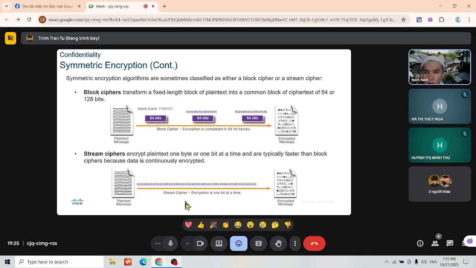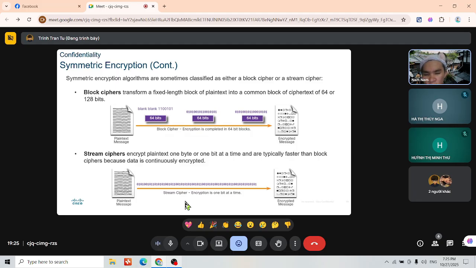Symmetric algorithms are sometimes classified as either block ciphers or stream ciphers. About the block cipher, it transforms a fixed-length block of plaintext into a common block of ciphertext of 64 or 128 bits.